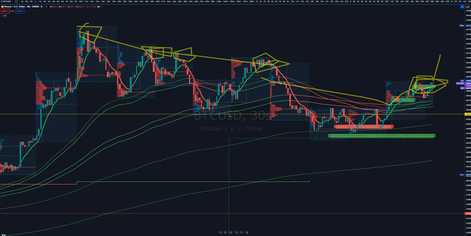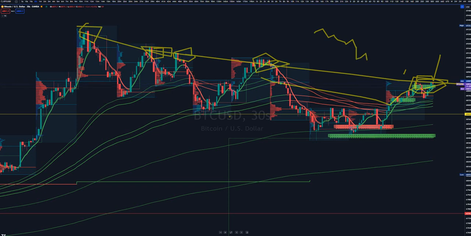Based on this concept of market structure, we see this happening: the higher the market goes, the more slowly it's going higher. The momentum is changing too fast, and the reason is again that we are at the day high period, so the general volume on higher time frames is going down, right?